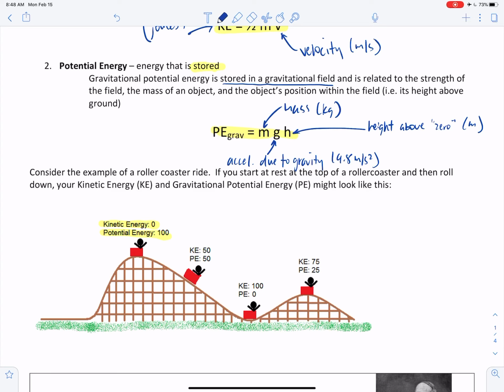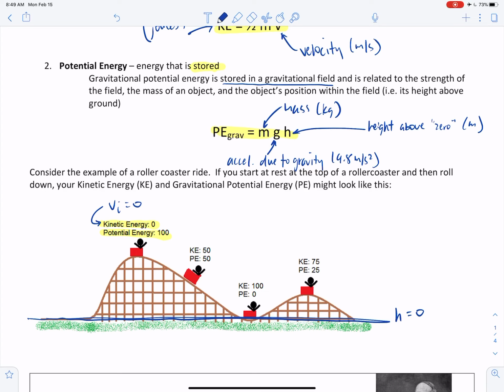That would be based on some arbitrarily assigned 0 height level, which usually is put right at the bottom. So I would maybe draw this line here. At that point, the height is 0. There would be no kinetic energy because you're starting at rest. So v initial is 0 here. That explains why the kinetic energy is 0. And then the potential energy is going to be 100%.